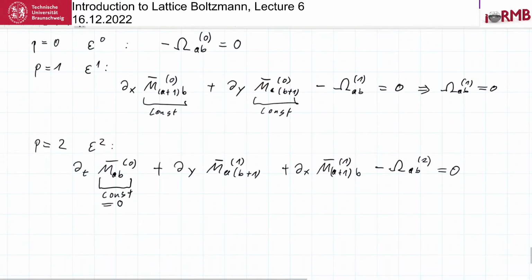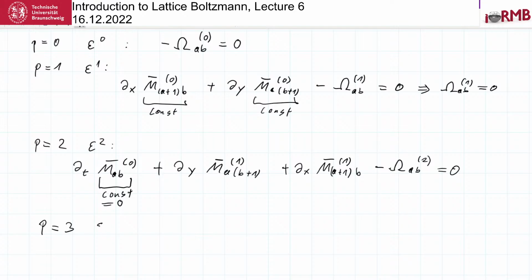And now we do the last one, which is of general interest: p equal to 3, which means epsilon to the power of 3. And this gives us the time derivative of m a b. Now we subtract 2, then we get first order, plus dx, we subtract 1, a plus 1. So we count up with the derivative 1.